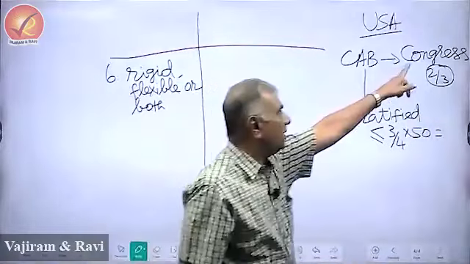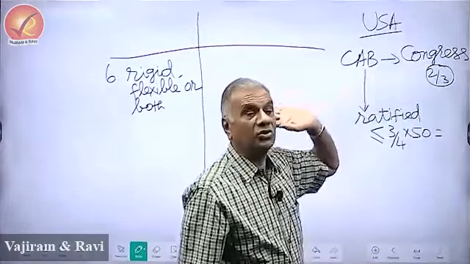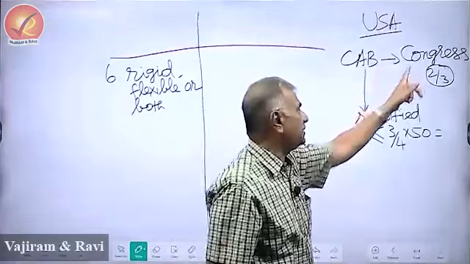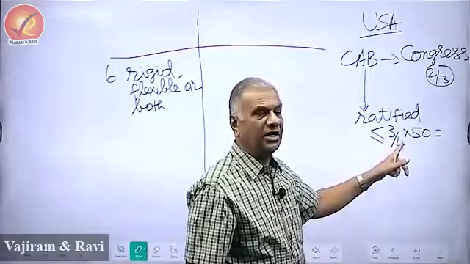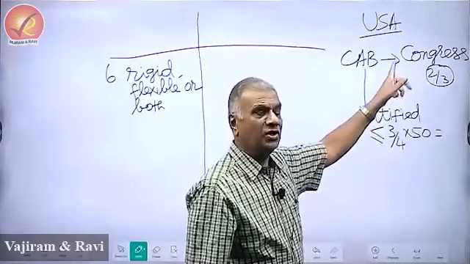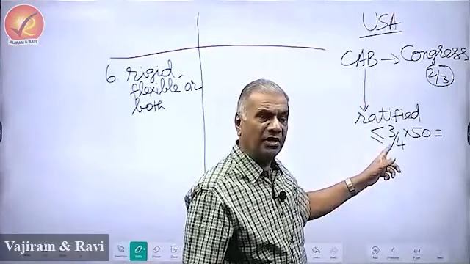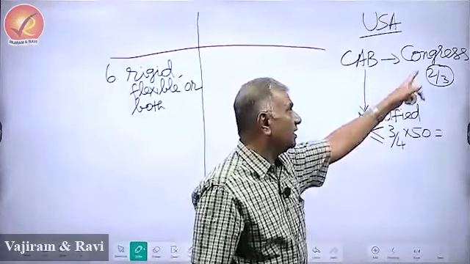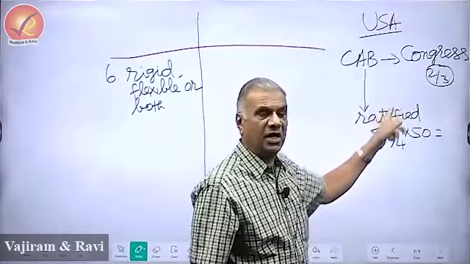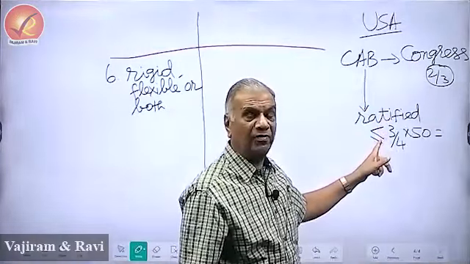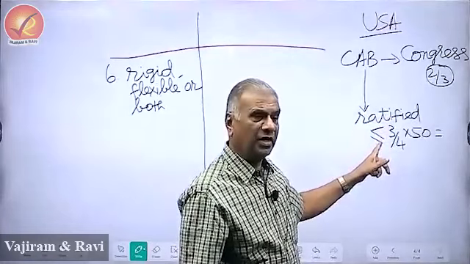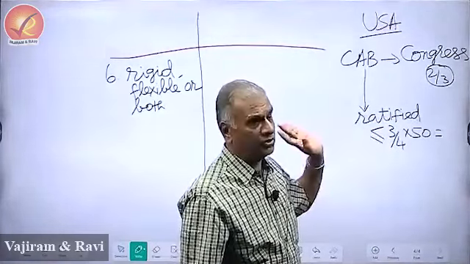So the Parliament alone cannot amend the constitution. It needs the cooperation of the state legislatures. Therefore, how many authorities are involved in amending the constitution in USA? The central legislature and the state legislatures, two levels of authorities.